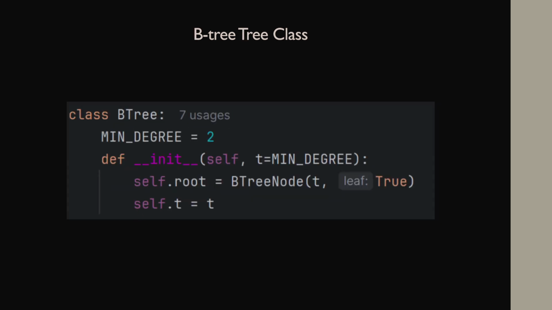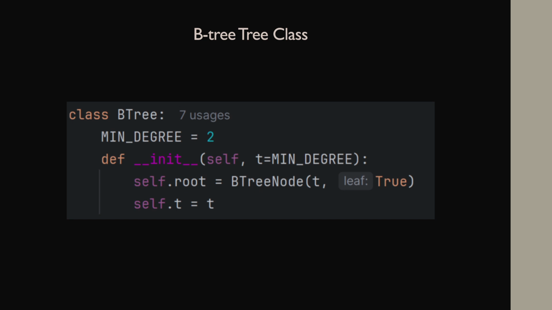Now we have our B-tree structure class. So we have, once again, our class variable min_degree. Then in our __init__ constructor, we would have self.root equals BTreeNode, and then we pass in the min degree t, and set leaf to true.